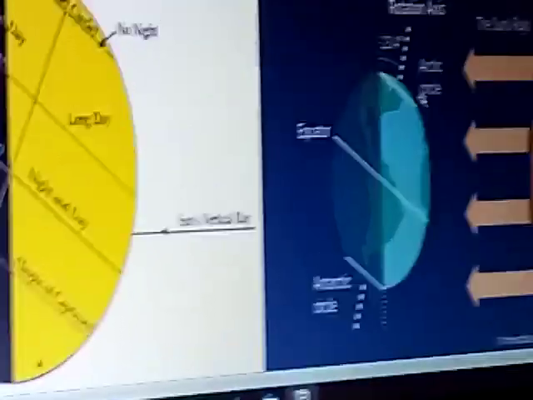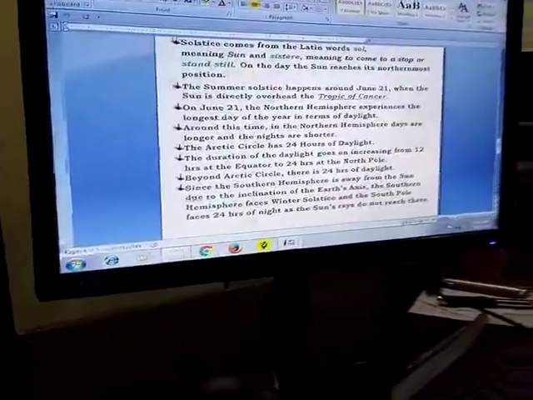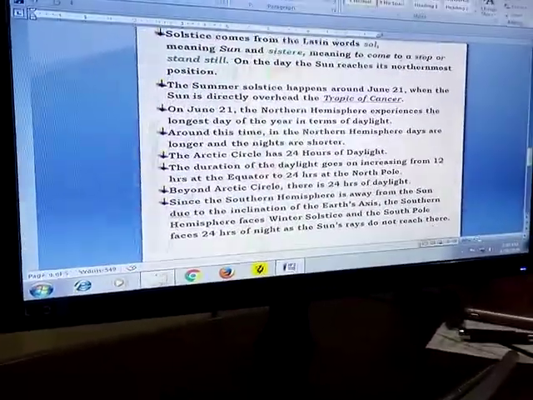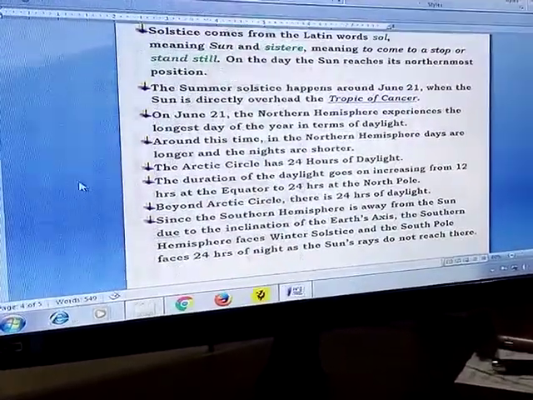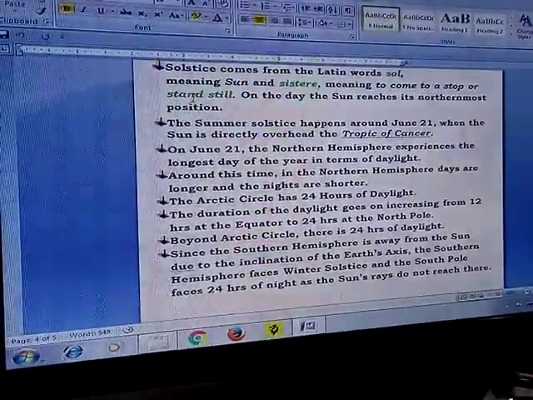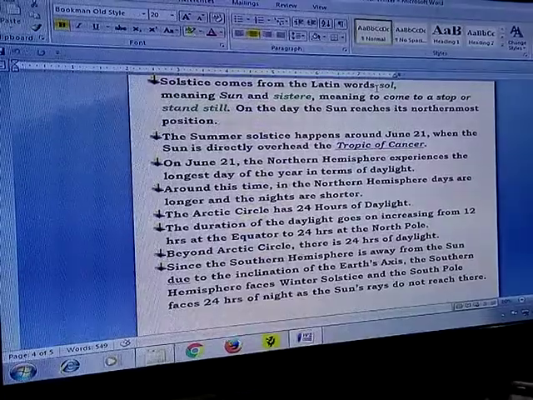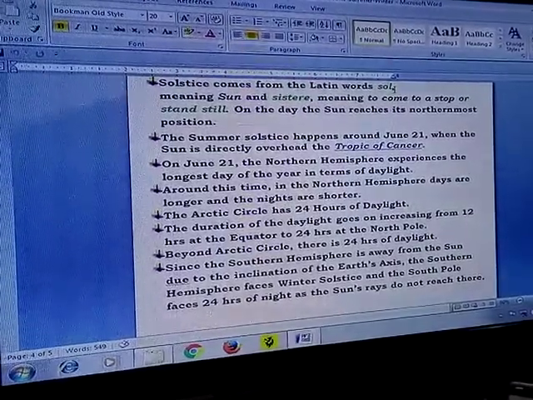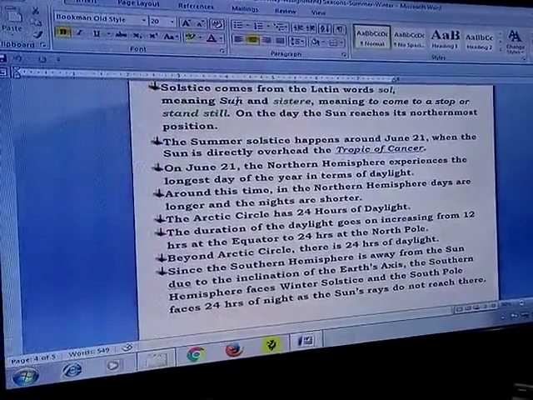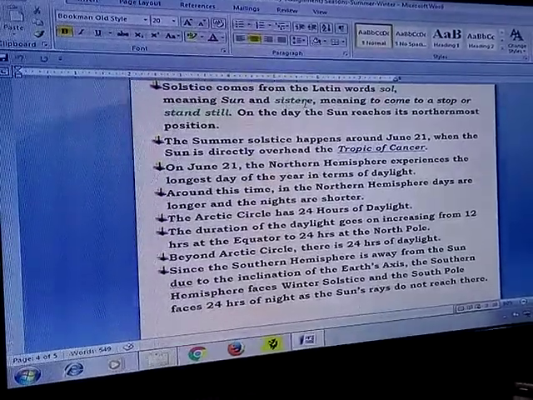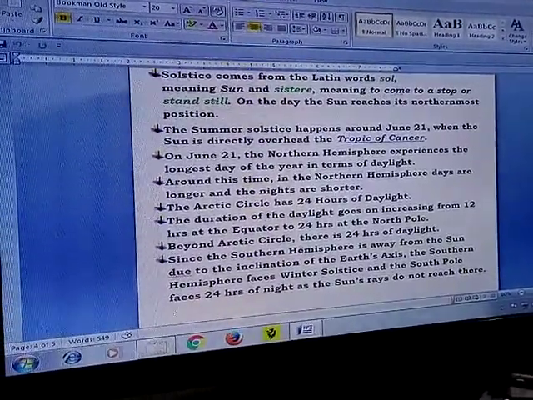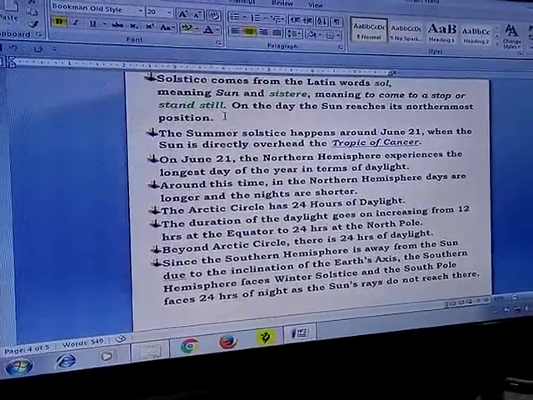Now these are the features of the summer solstice, or the summer season in the northern hemisphere. The word solstice comes from Latin: sol, meaning the sun, and sistere, meaning to come to a stop or stand still.